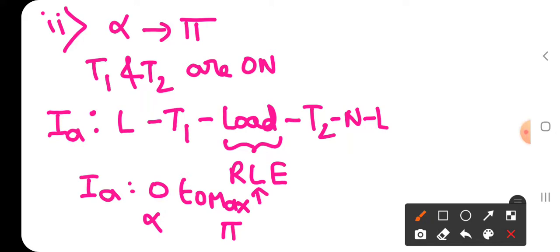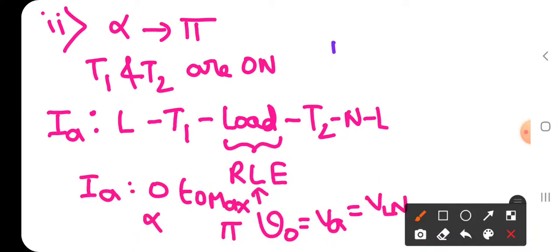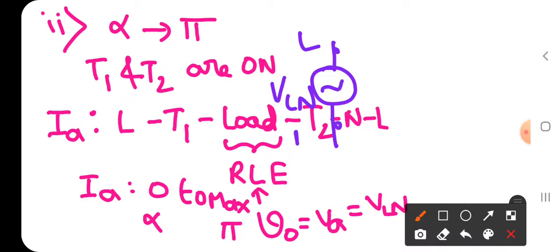Then what about the output voltage? V0, or VA, is equal to VLN, which is very similar to the input voltage. Now you have the circuit diagram like this. This is the input voltage I am giving, VLN. This is L, and this terminal is N. From here, T1 is turned on, which acts as a short circuit.